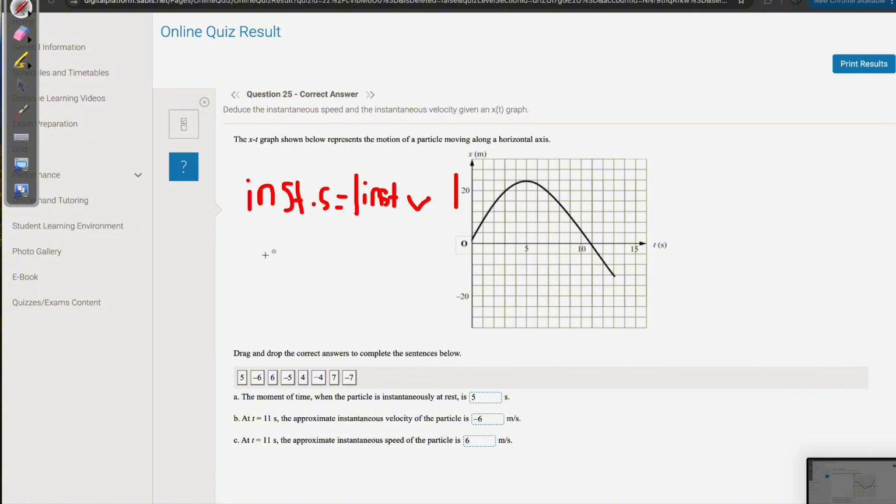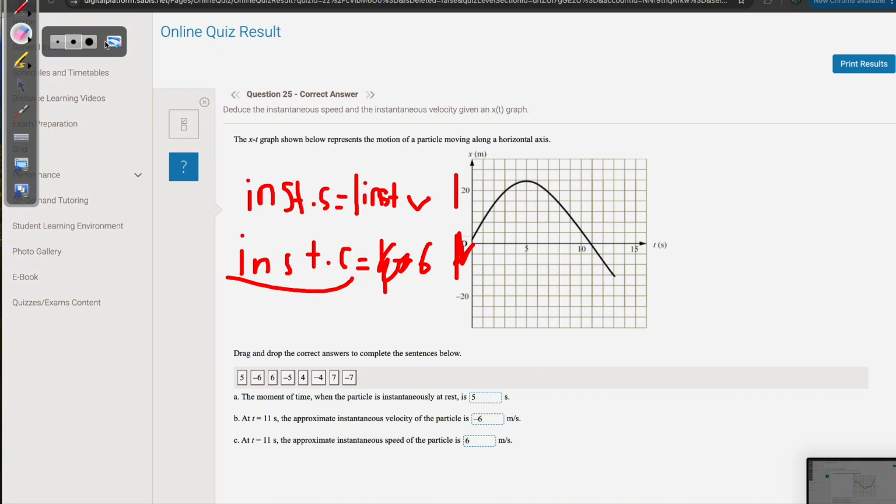So now we got, as we said, instantaneous velocity as negative 6, right? We put it all in the absolute value, we get that this is equal to just 6 meters per second, which is correct.